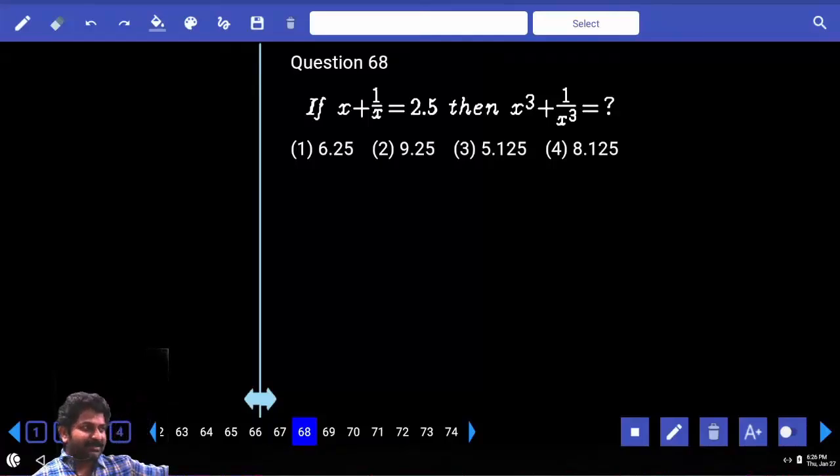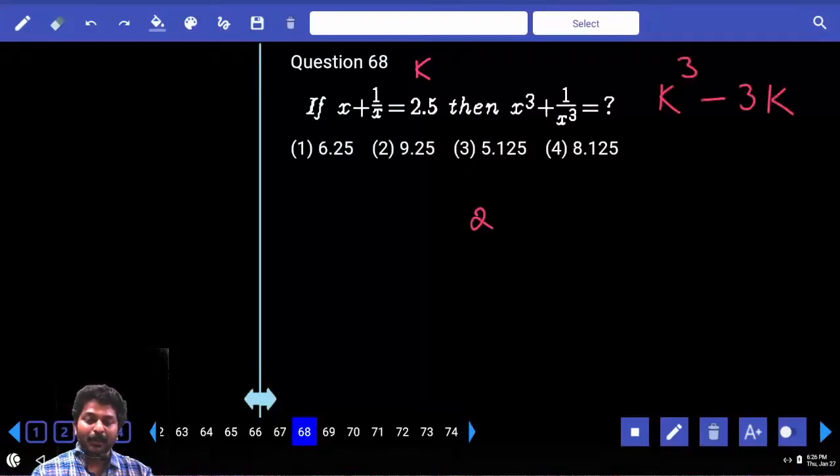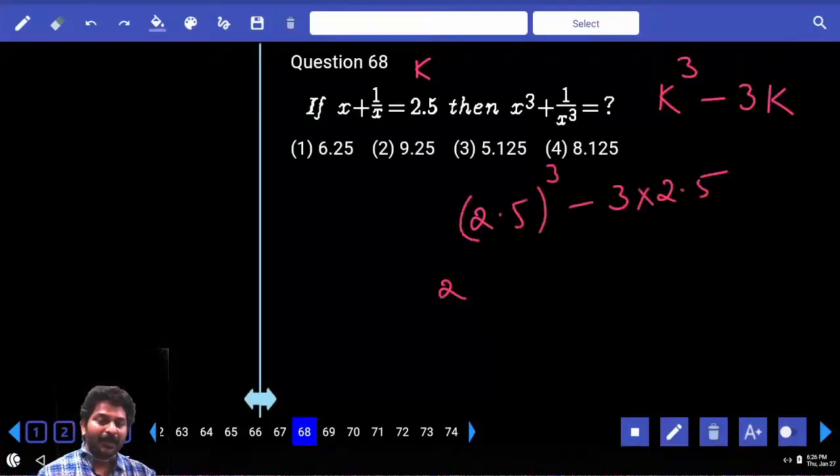x minus 1 by x value was given and we were asked to calculate x cube minus 1 by x cube. Right. So if this value is equal to k, x cube plus 1 by x cube is going to be k cube minus 3k. Right. K cube, 2.5 whole cube minus 3 into 2.5. Can I take 2.5 common? Come on.